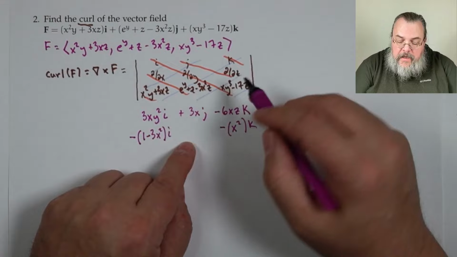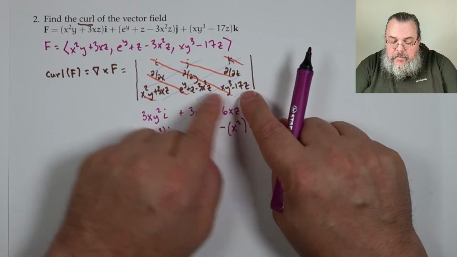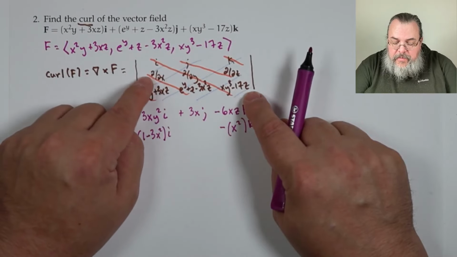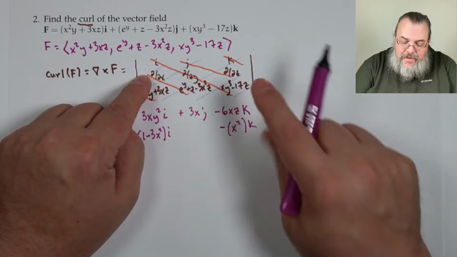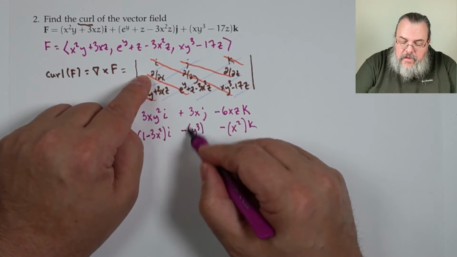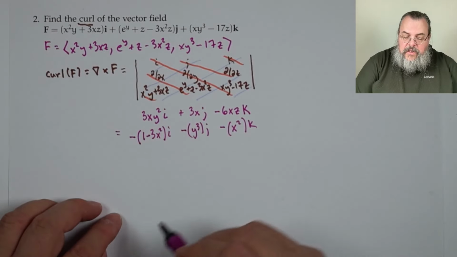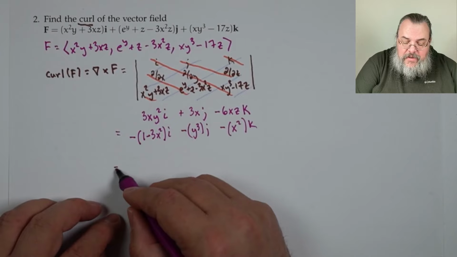Okay, finally, our last diagonal. So xy cubed, partial x, j. So we're in j, derivative with respect to x of xy cubed. Well, that'll be y cubed. So minus y cubed j. So that's our determinant.